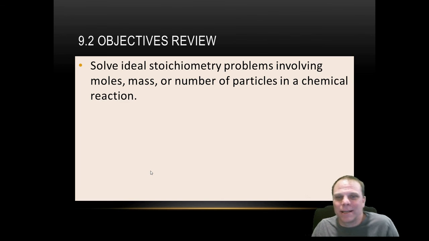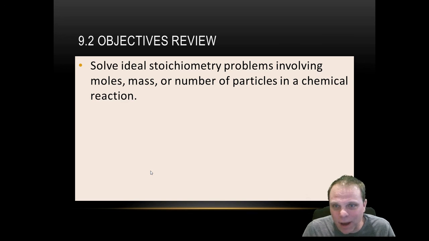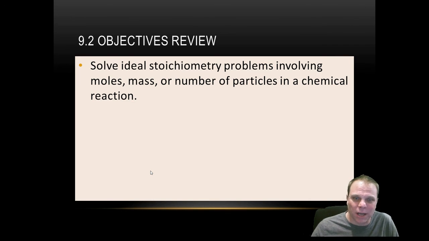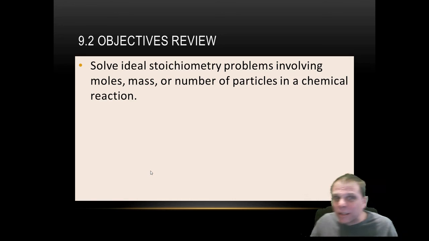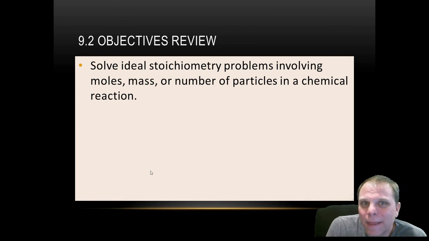Okay, so what have we learned today? Can we solve ideal stoichiometry problems involving moles, mass, or number of particles in a chemical reaction? Yes. Now the only thing I didn't go over with you was the number of particles per se, but remember that's just one additional step.